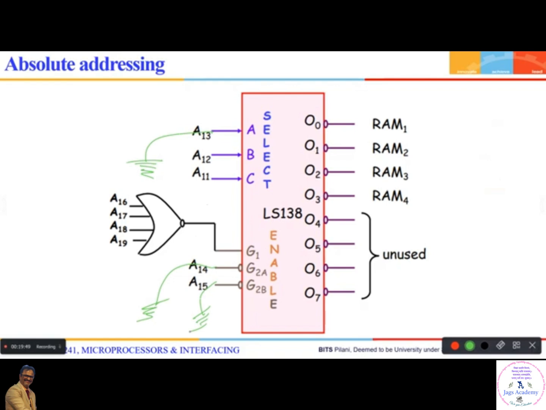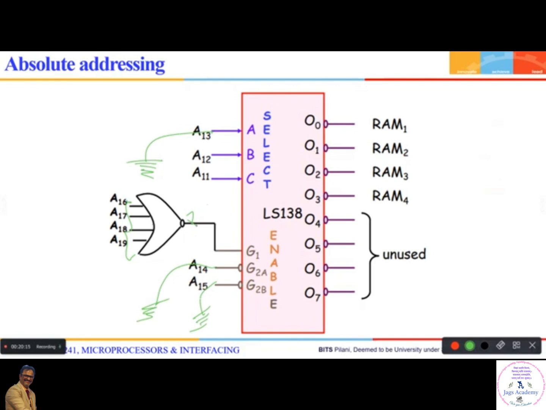No. Understood. Of course it is 0 for the entire addressing range. That's why I'm grounding it. So instead of connecting A14, A15, I'm grounding them directly. I'm not connecting them to the address lines of the microprocessor.